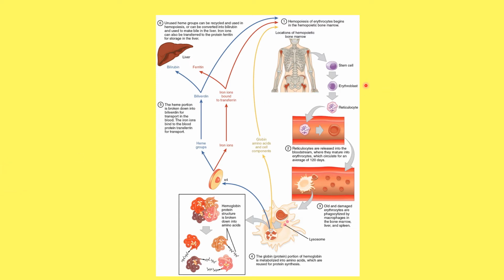So this diagram here is just showing that in terms of the production of the red blood cells, you start with the stem cell, and you don't have to know all the steps, so just know that you start with the stem cell, it goes through that differentiation, and eventually you end up with the mature red blood cells.